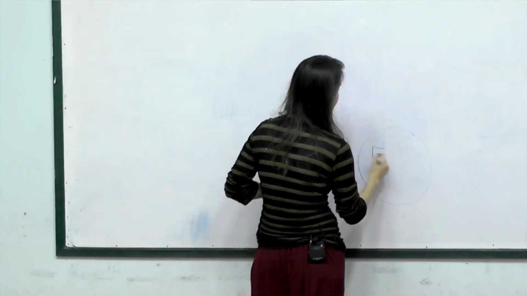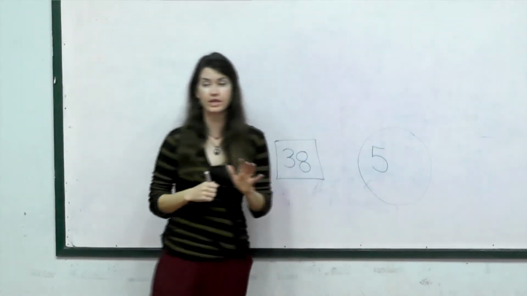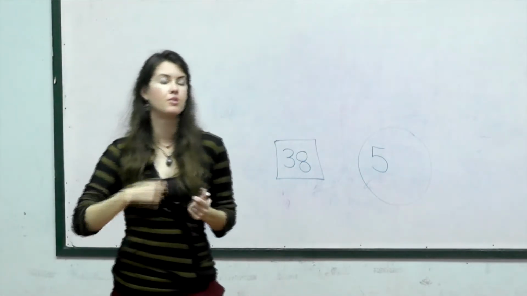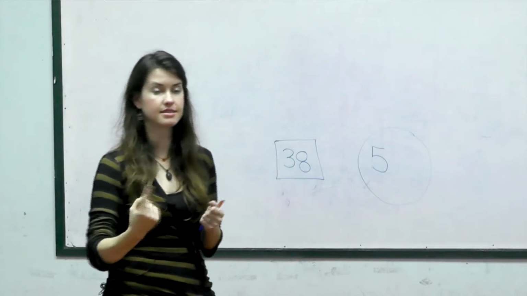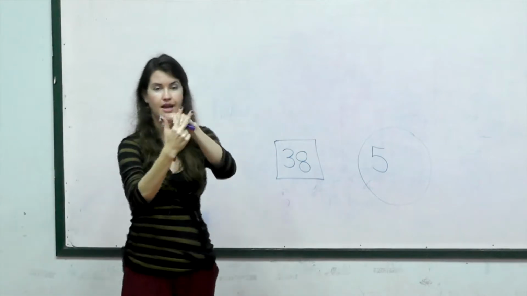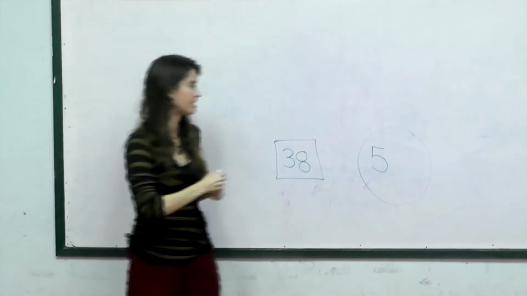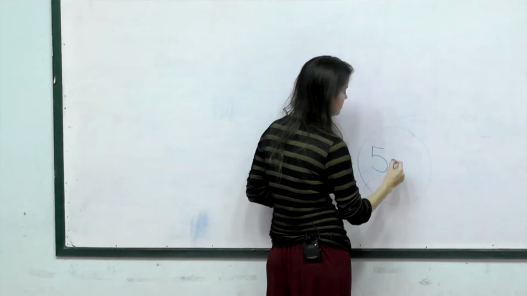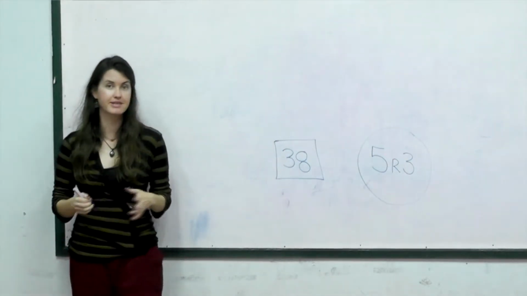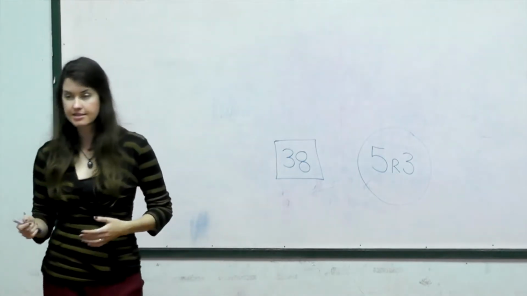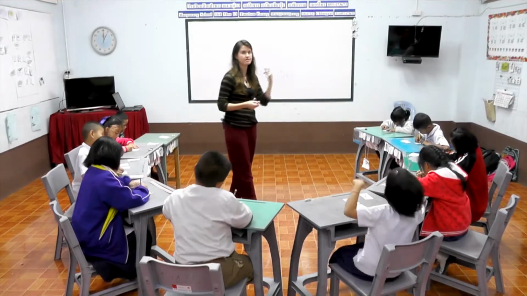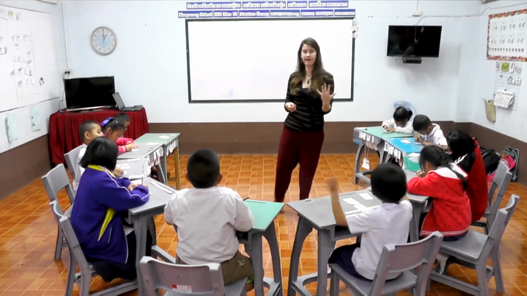But this time, we're going to do a little bit differently. So we've got 35. We're going to count by ones. 36, 37, 38. How many fingers? 3. So we're going to write 5R3, just like that, because we counted by sevens. 7, 14, 21, 28, 35.